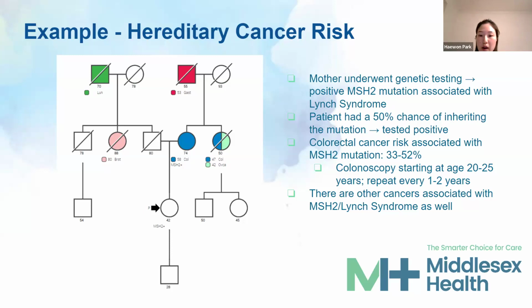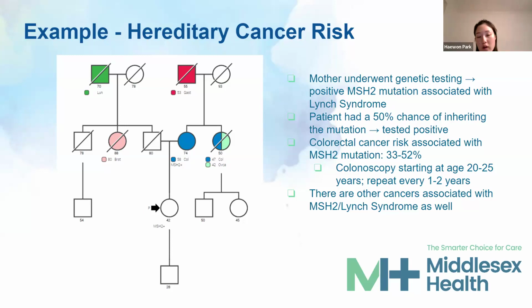So our patient's mother underwent genetic testing based on her personal and family history, and her results came back positive for an MSH2 mutation associated with Lynch syndrome. Therefore, our patient had a 50% chance of either inheriting that same MSH2 mutation from her mother or not inheriting the mutation.